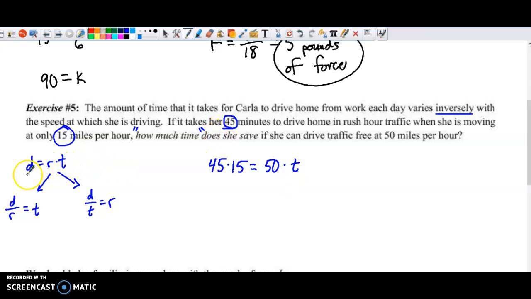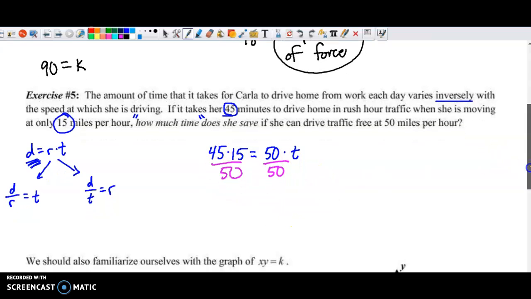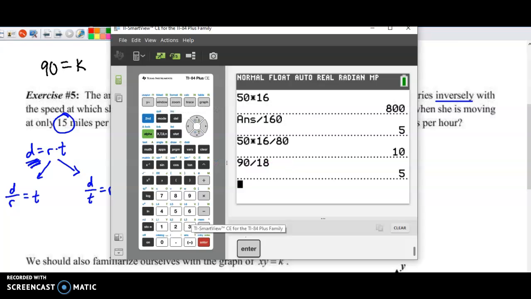So the reason why you can skip this middle step of how I've been teaching it is the distance is the same between work and home no matter what. So if this is making more sense to you, feel free to do it this way. Just be careful and make sure you answer the question that's being asked.